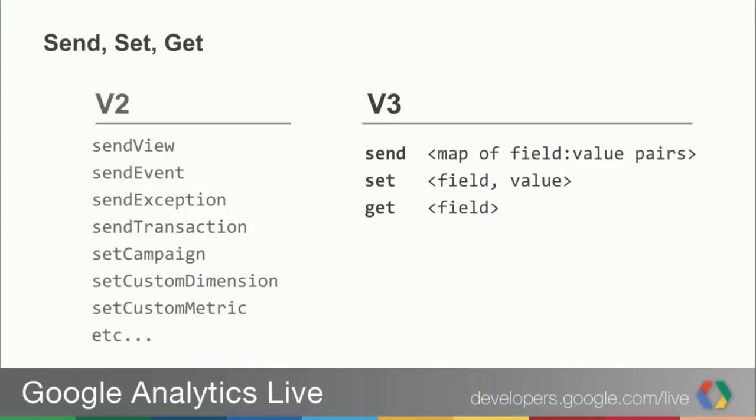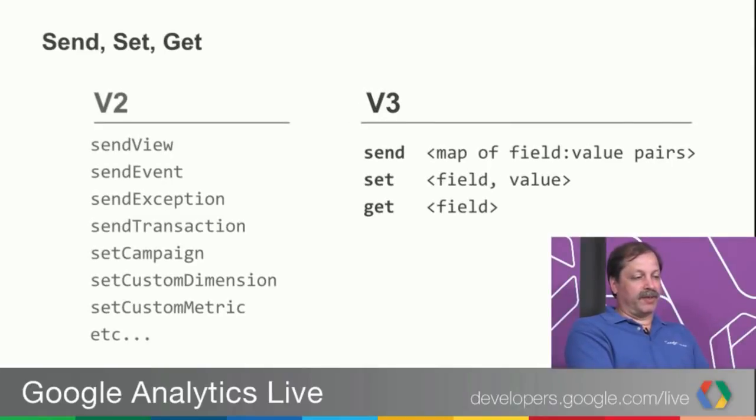But for V3, as I said before, to try and align with the other client platforms, we got rid of all those special purpose send methods and replaced them with send. So instead of send view, we have send, and then you would pass in a map of parameters, or a dictionary in the iOS case, that represented your app view hit, and then same with event, transaction, exception, etc.